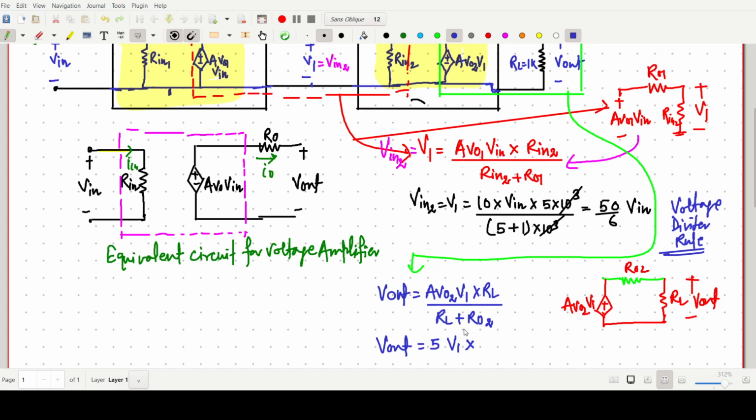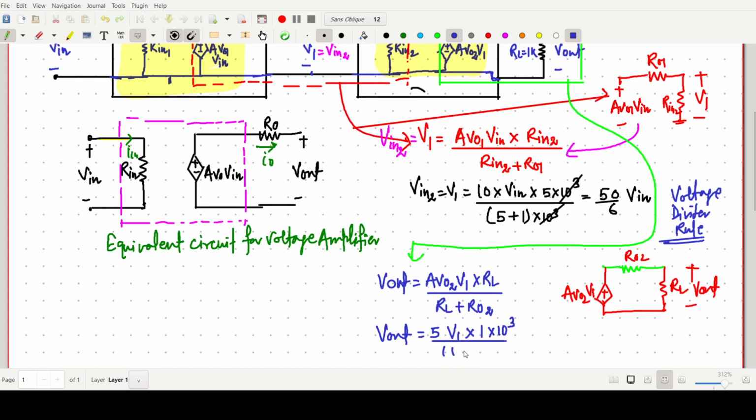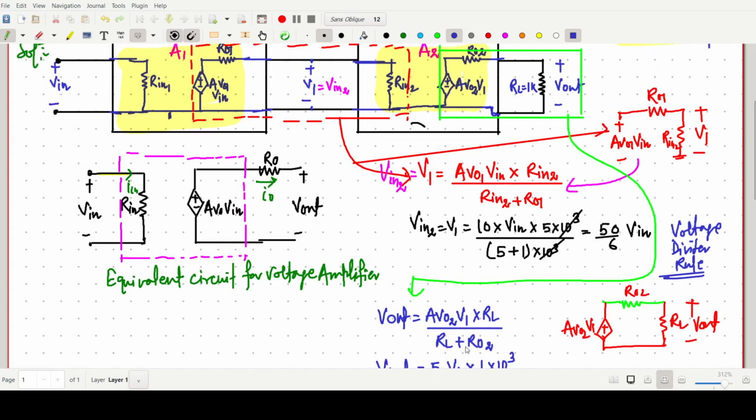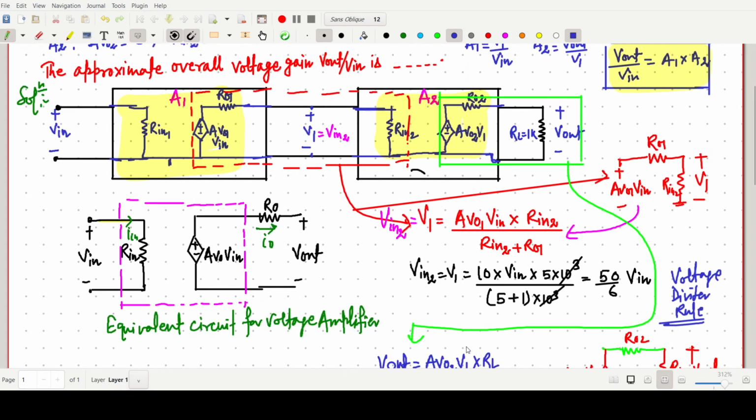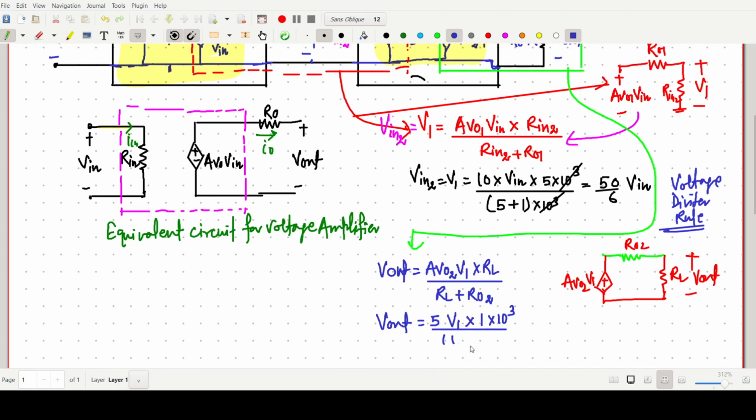RL, what is the value of RL? 1 kilo ohm, so I am writing 1 into 10 to the power 3. And RL is already 1, so write 1 plus R naught 2. R naught 2 is 200 ohm, so better to write this in ohm: 1K, 1000 ohm plus how much?